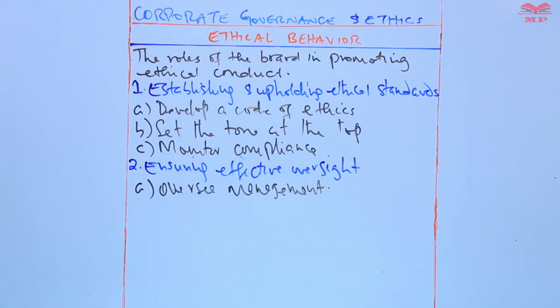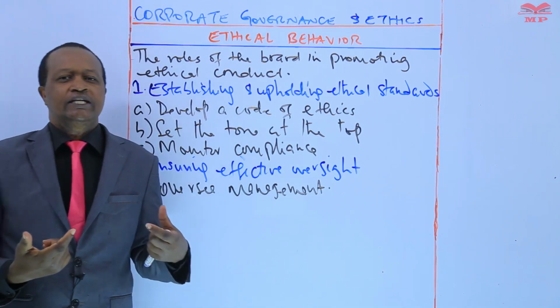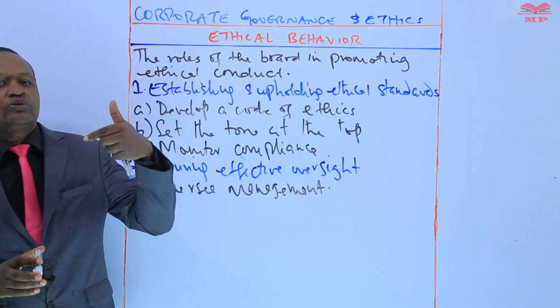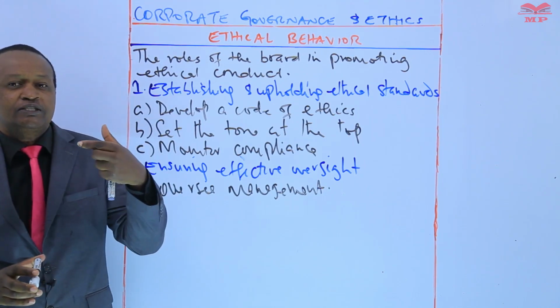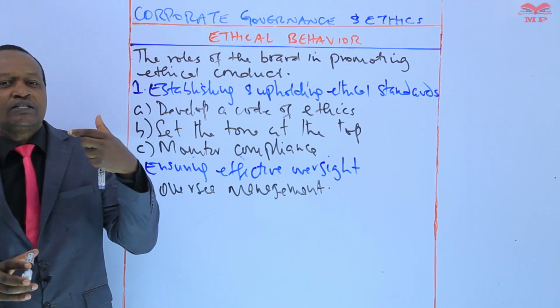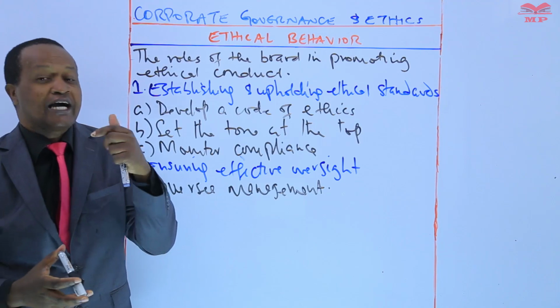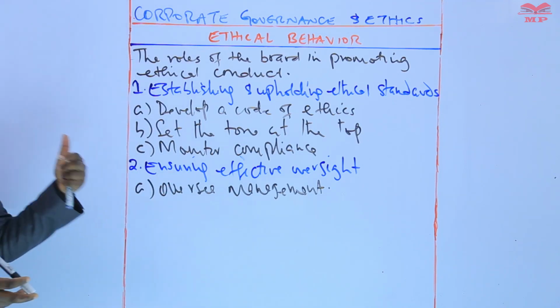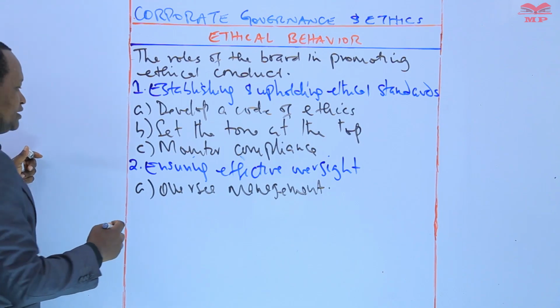The board should actively oversee the actions of management to ensure they are aligned with the company's ethical values and goals. And that involves reviewing management's performance, evaluating their decision-making processes, and holding them accountable for upholding ethical standards. Overseeing management.